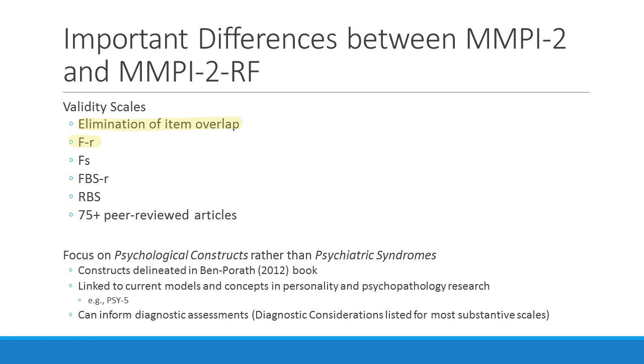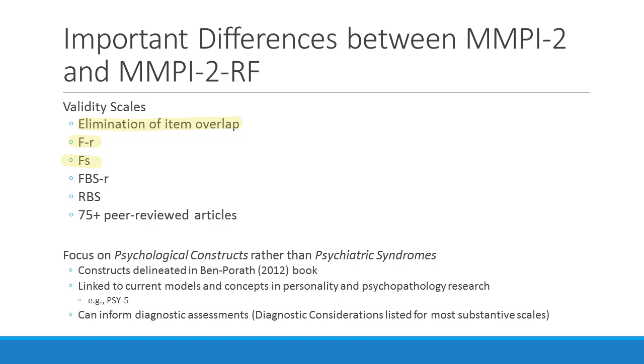This is a rather significant revision from the MMPI-2 F scale, because that scale essentially retained many of the items that were on the original MMPI F scale, and many of those items are deemed no longer infrequent in the MMPI-2 normative sample. So this is a rather substantial revision. The Fs scale is new to the MMPI-2-RF. It's infrequent somatic responses, and this is a scale that essentially looks at items that are infrequent in medical populations and also normative populations, and all of them are somatic content.